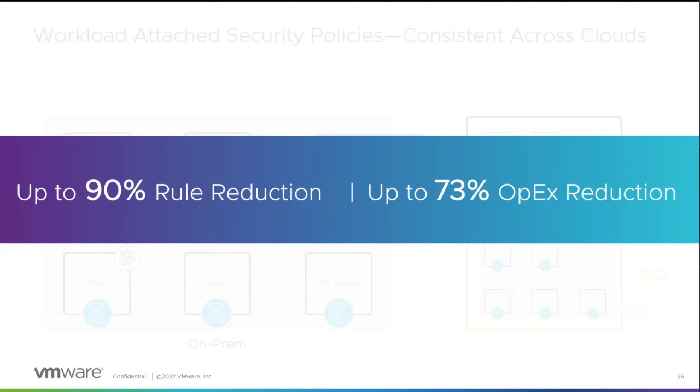With the automation that I've just shared, we found that customers see a massive reduction in the number of rules they have to manage on the firewall, up to 90%, but also up to a 73% reduction in the OPEX required. And that's both on the human operator side as well as on the technology side, which is important given how challenging it is to recruit for security positions, across pretty much every role in the industry.